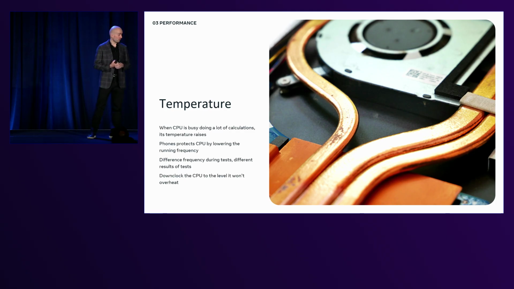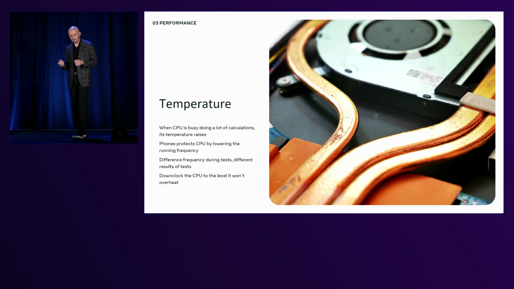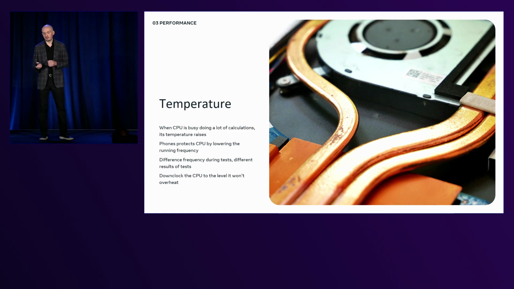The phone notices it and downclocks the CPU to make sure it's not going to get damaged. So we run into this interesting situation where the initial part of the test is run with the CPU with the higher frequency, and the remaining part of the test is running with the CPU with the lower frequency.